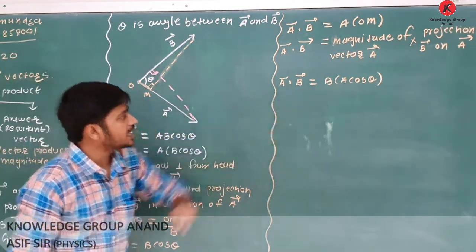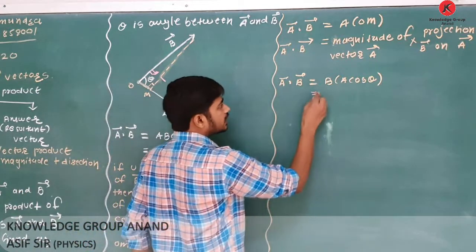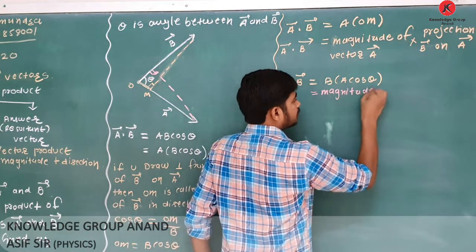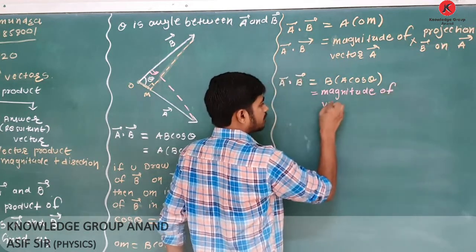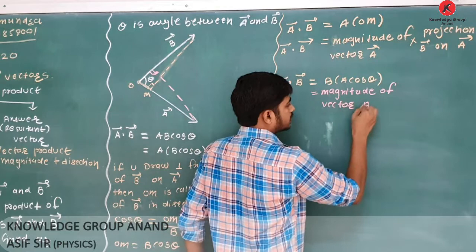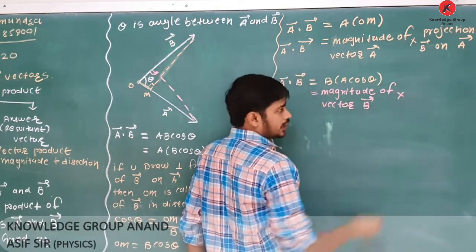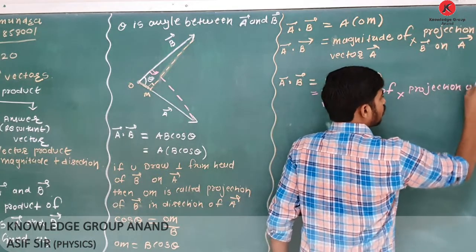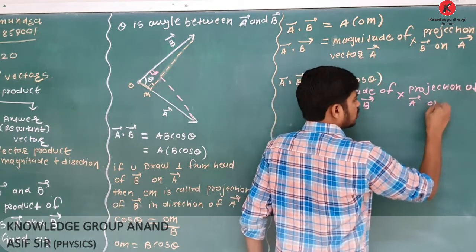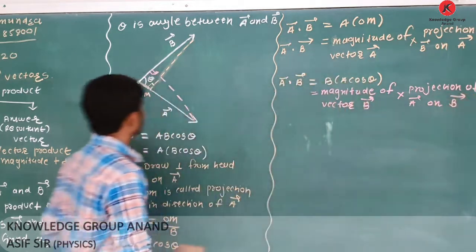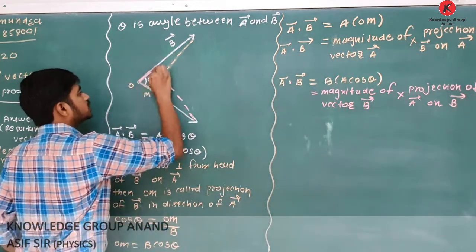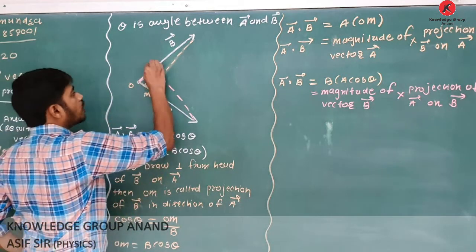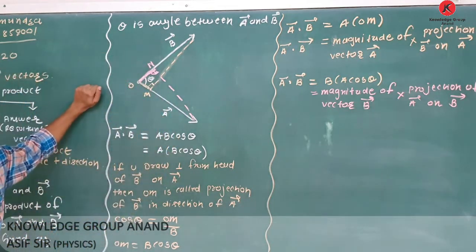So A dot B is equal to the magnitude of vector B into the projection of vector A on vector B. This one. Projection of vector A on vector B. This OM. Clear about this?